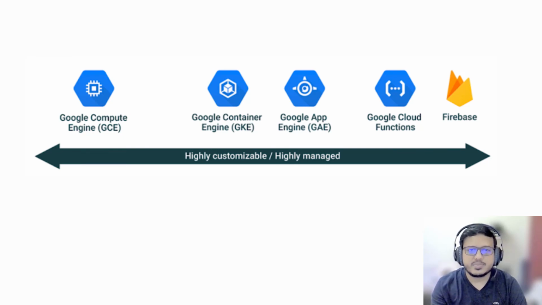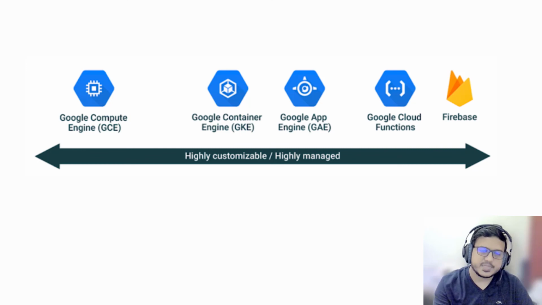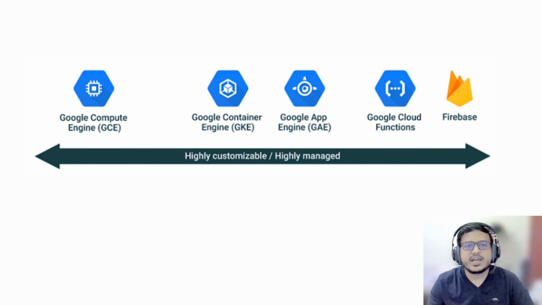So what is a persistent disk, first of all? Persistent disks are disks that provide durable and reliable block storage. They are not local to the machine and are attached via the network, so you can think of them as NFS, or network file system, storage mounted on the virtual machines.